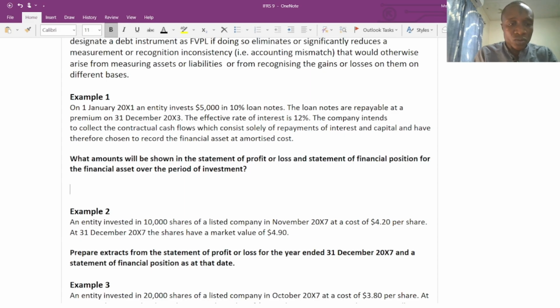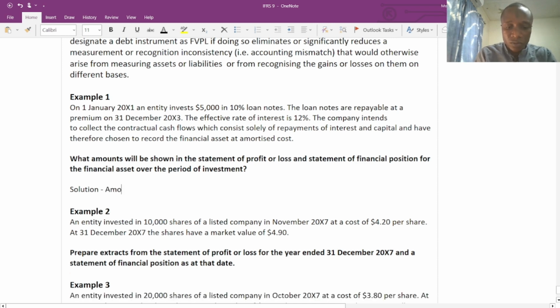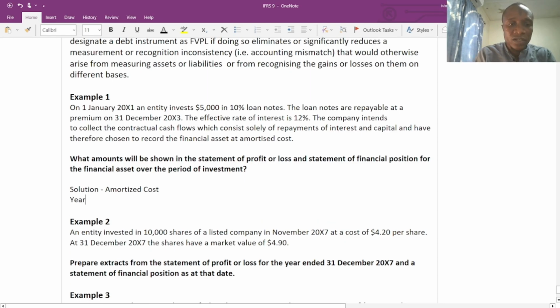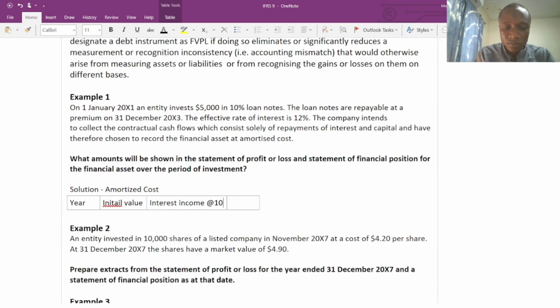We're going to use amortized cost. So we're going to look at the year, the initial value, and the interest income, which is calculated using the effective rate at 12%, not the nominal rate.